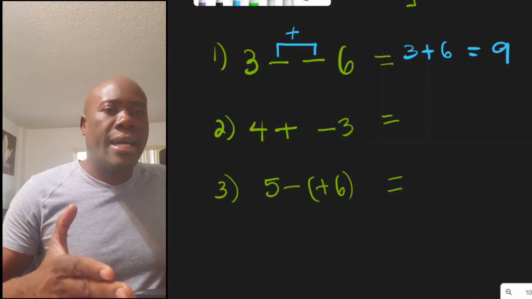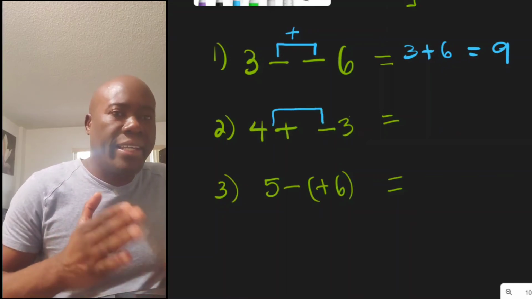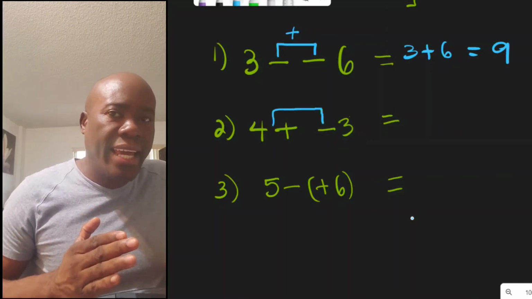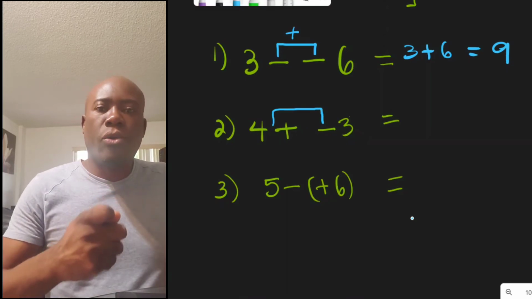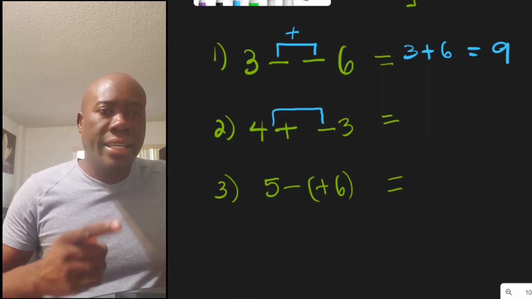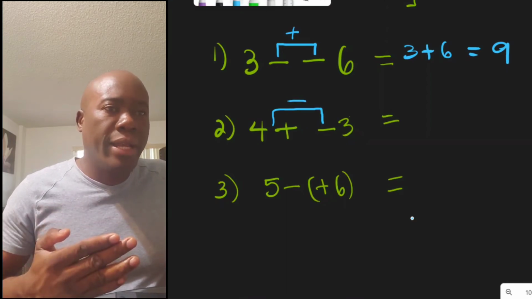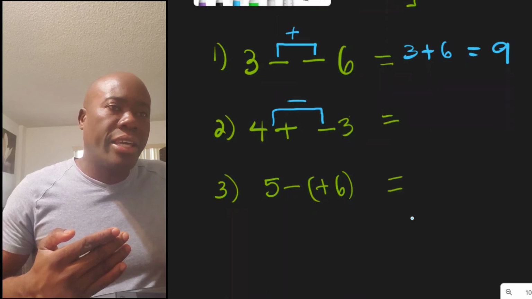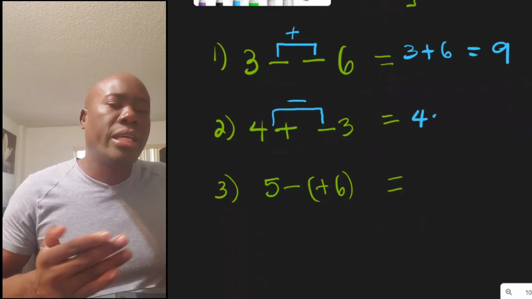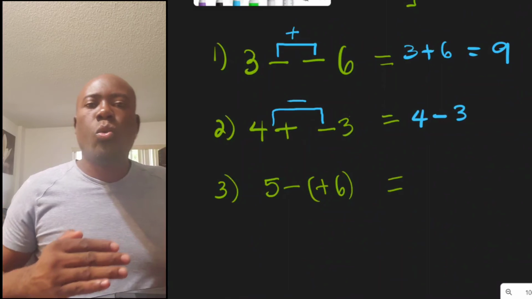And when you have a positive and a negative, it's always going to be a negative at the end. So let's rewrite this. It really means 4 minus 3, and that is going to give us positive 1. Regular 4 minus 3, 1.